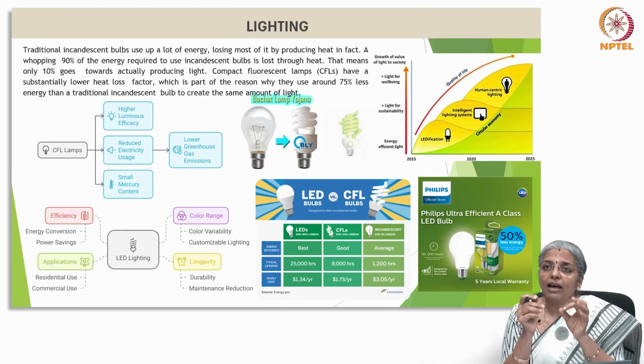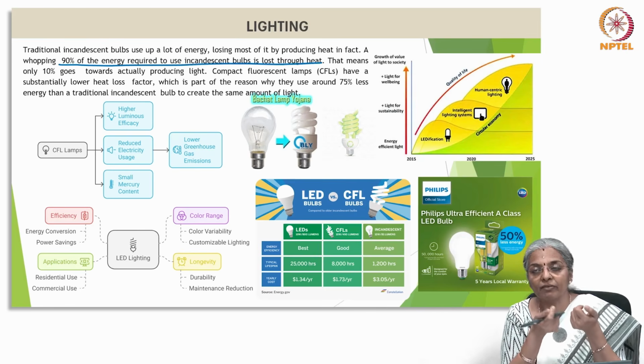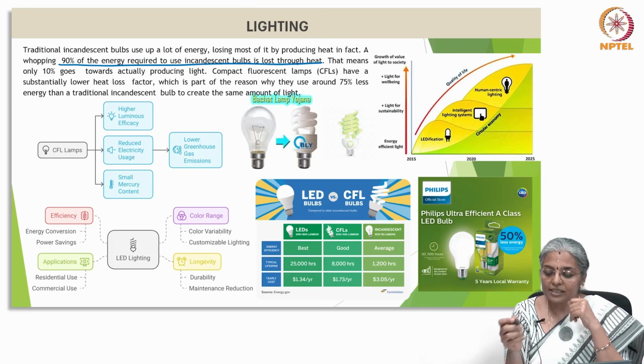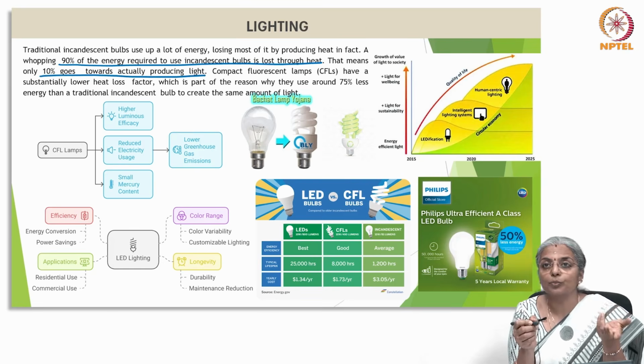So, a whopping 90% of the energy required to use incandescent bulbs is lost through heat. So, in addition to not being a very effective way of lighting, it also adds to the heat or warmth of a room. This means only 10% of it actually goes towards producing light.